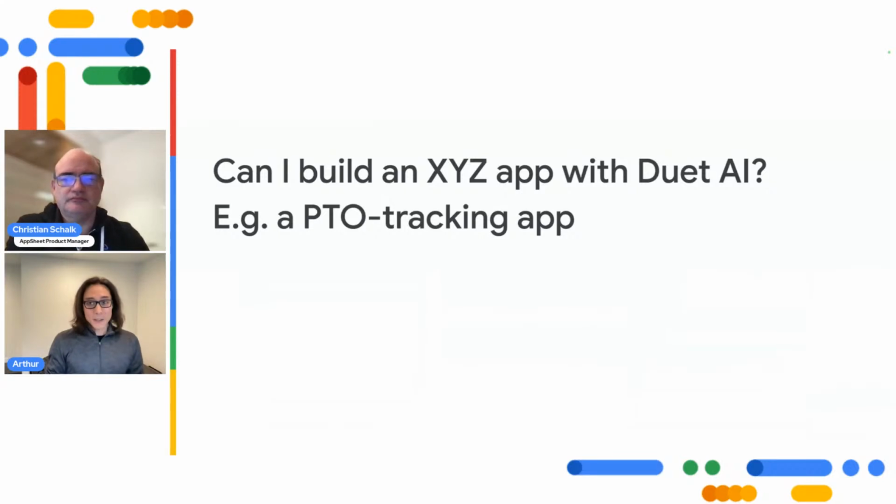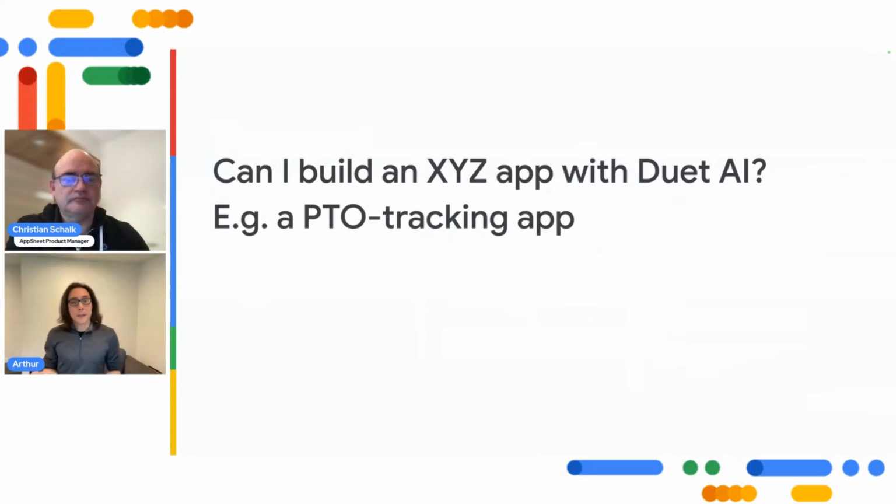Another example is building a CRM, customer relationship management app, or use cases in the retail industry. To some extent, you're going to have to try. It really depends on your use case. I can speak to the PTO tracking app because I tried it myself, and it seemed to put me on really good tracks to spin up an app in just a few minutes.